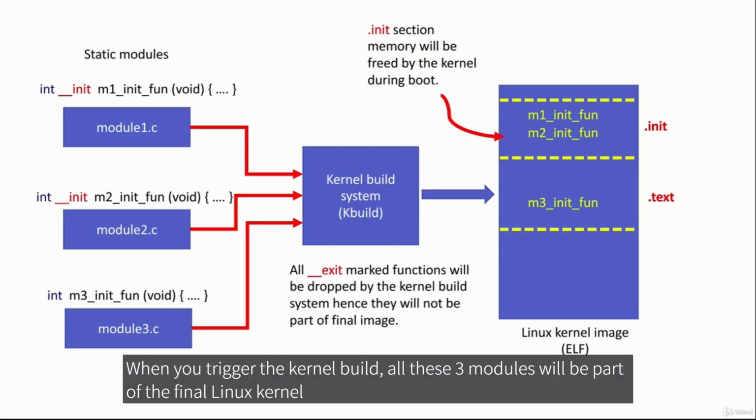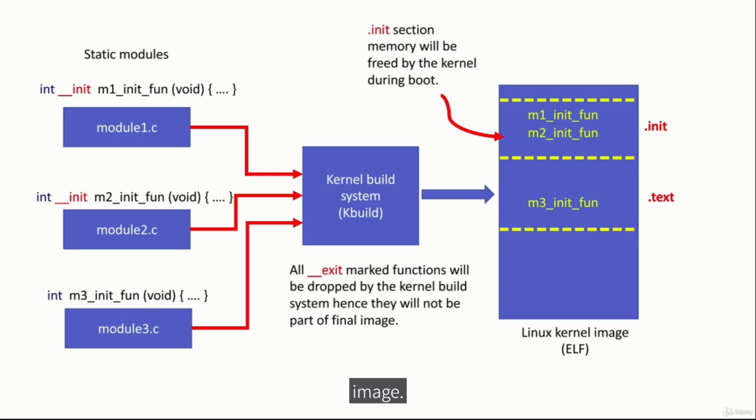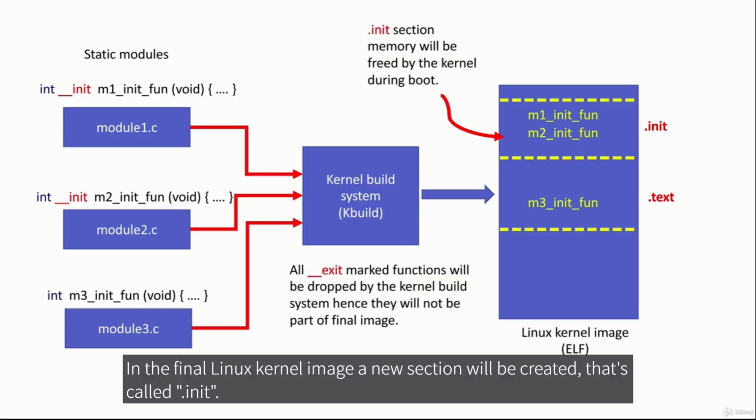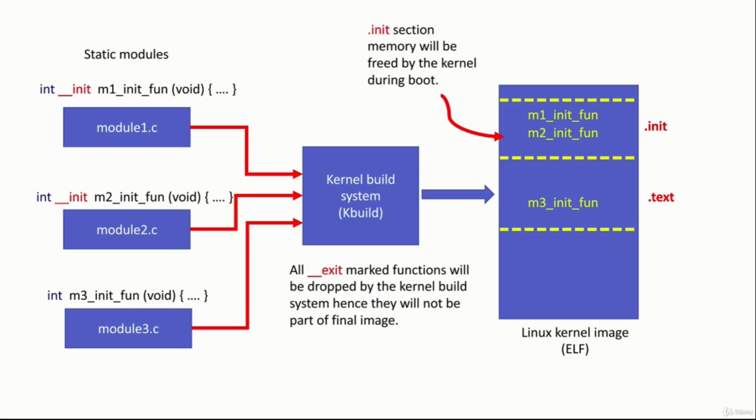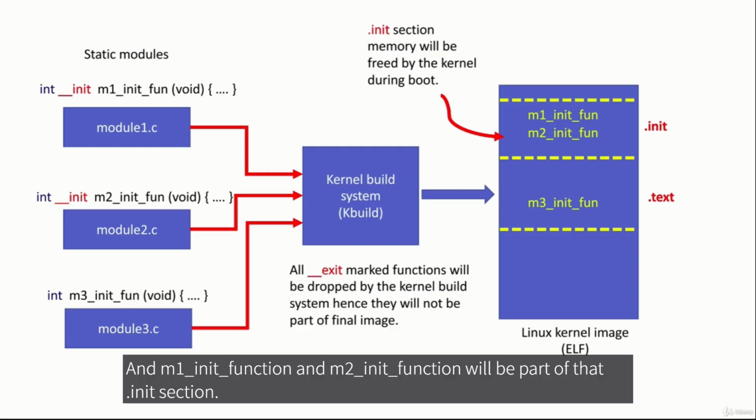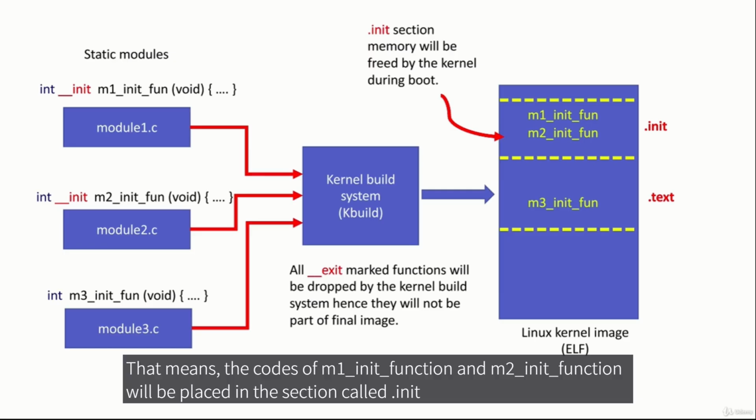When you trigger the kernel build, all these three modules will be part of the final Linux kernel image. In the final image, a new section will be created called .init, and m1_init and m2_init will be part of that .init section. That means the code of m1_init and m2_init will be placed in the section called .init by the compiler.